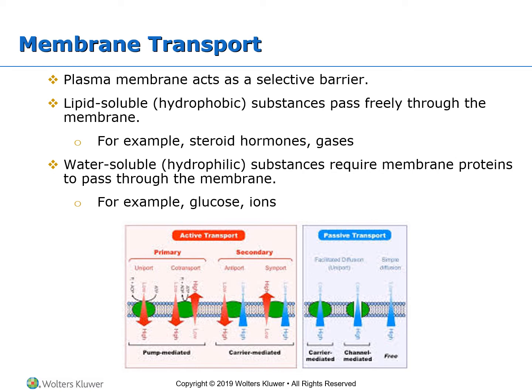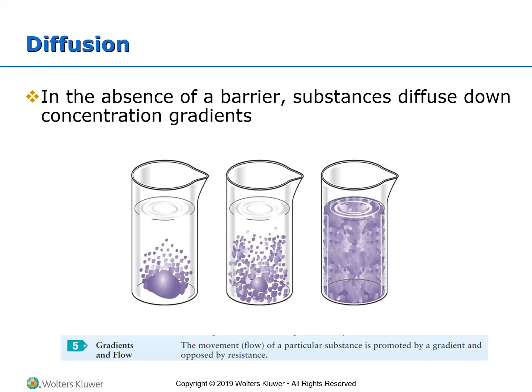In this category, we have the diffusion, which is the net movement of particles from one region of relatively high concentration to one of low concentration. So, in the absence of a barrier, the substances will diffuse down concentration gradients.